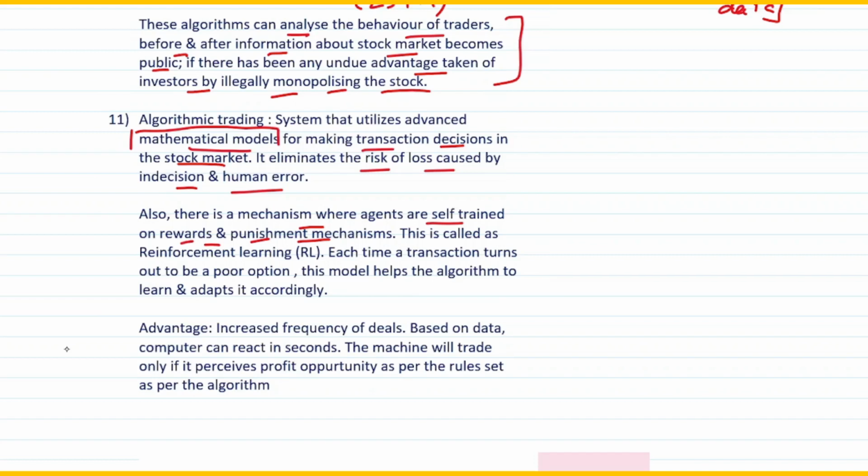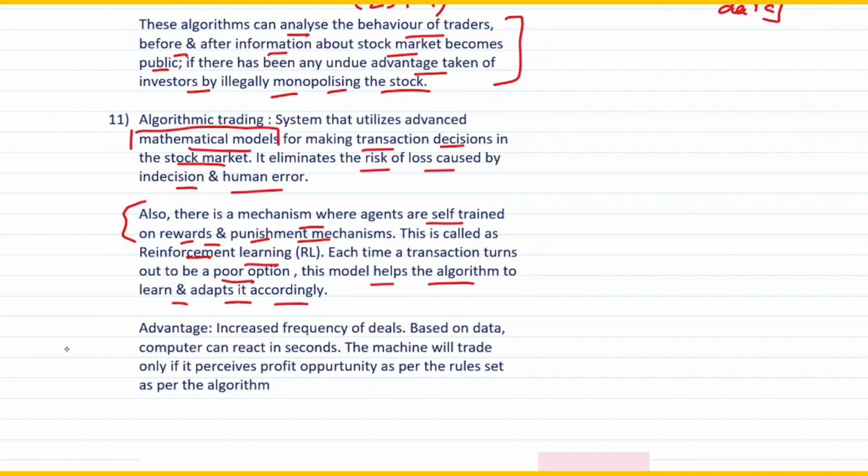This process is called reinforcement learning, right? Each time a transaction turns out to be a poor option, this model helps the algorithm to learn and adapt so that it doesn't repeat the same mistake again, right?